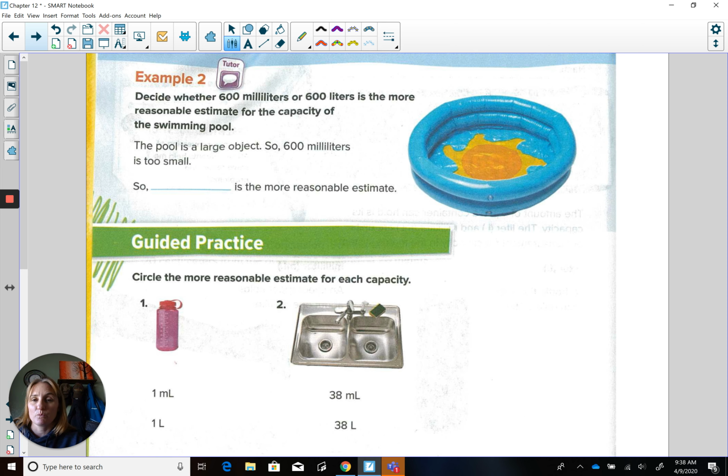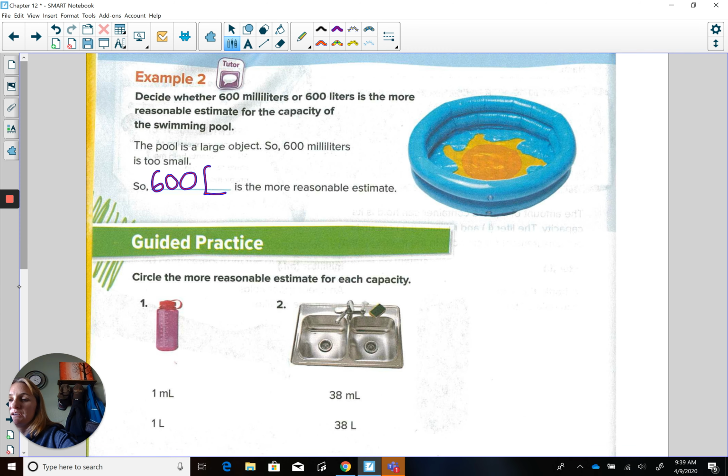Man, oh man, I can't wait till the weather's nice to be in a swimming pool. The pool is a large object, so 600 milliliters or 2 cups of coffee would not fill that pool. You would not be splashing in that water, would you? So the most reasonable would be your 600, what? You're right, liters, which is a capital L.